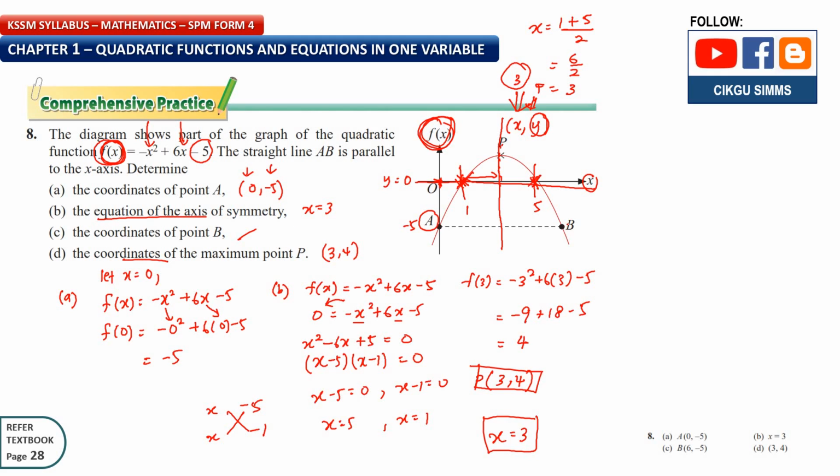How to find B? You know that this 3 is the middle line. So here 3 to negative 5 is this. Okay, so this line will be negative 5 because the y value for B is also negative 5. What about this x value?